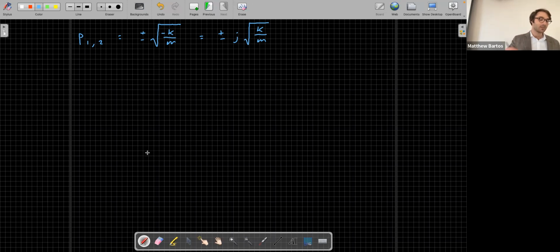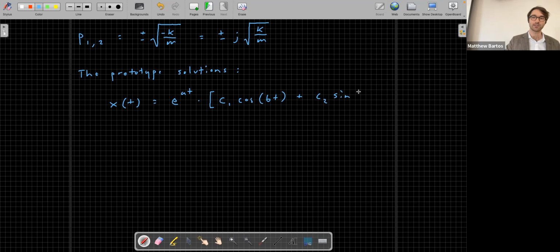Okay, so let's go ahead and look at the prototype solution. So we know from the cases of the different roots I gave you that the response of a system like this will look like the following. x(t) is equal to e to the at times quantity c1 cosine bt plus c2 sine of bt.